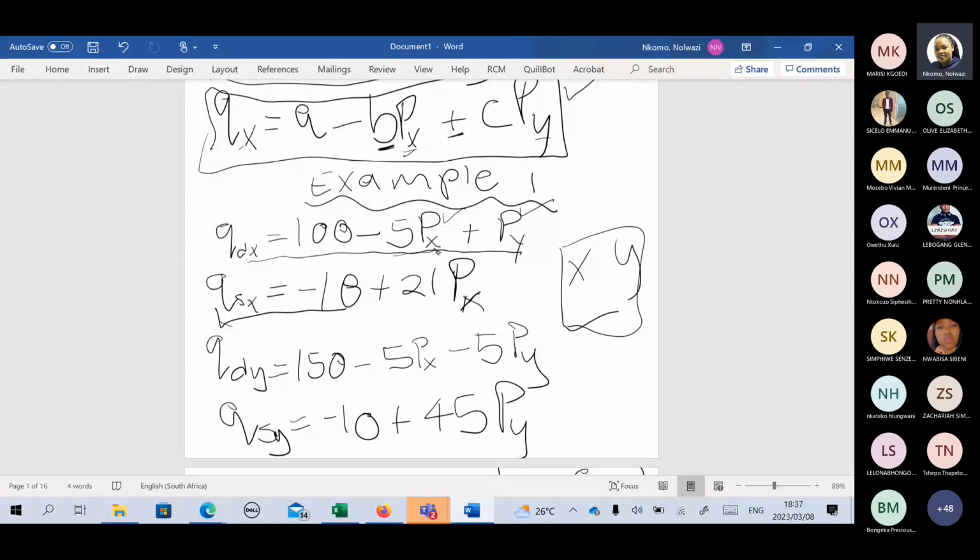You can just substitute the two here, and then you solve for the demand of product X, and then again you go to the demand of product Y. You substitute the PX and PY that you obtained, and that will give you the demand of product Y. Those would be your equilibrium price and quantity for both products, product X and product Y. Do we have questions?